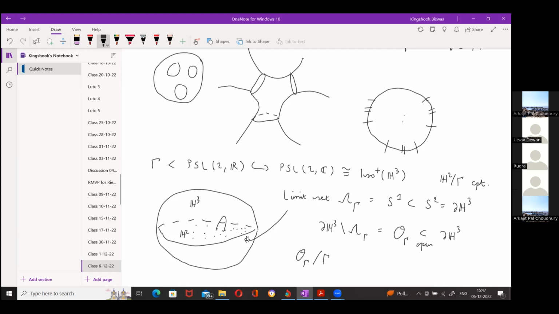What happens is the upper hemisphere and the lower hemisphere are invariant. So this thing is nothing but the upper hemisphere, let me call that U plus, disjoint union U minus, right? Upper and lower hemispheres.